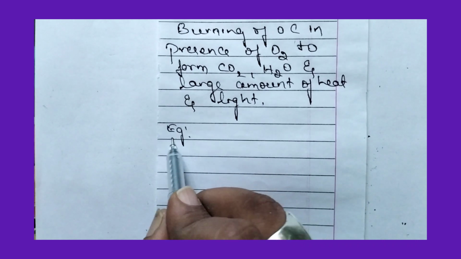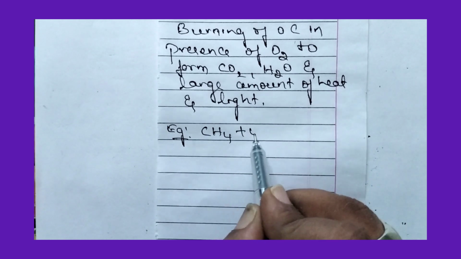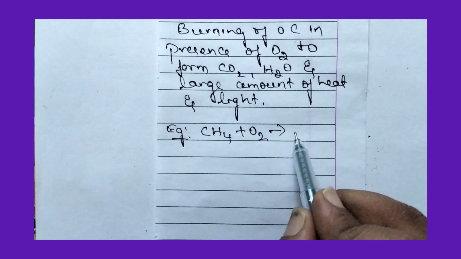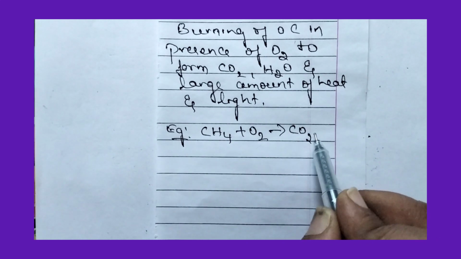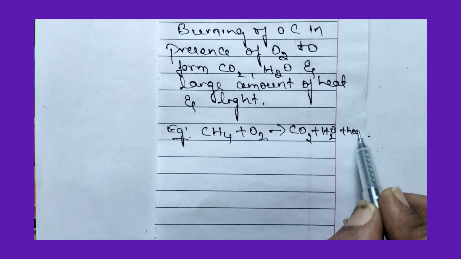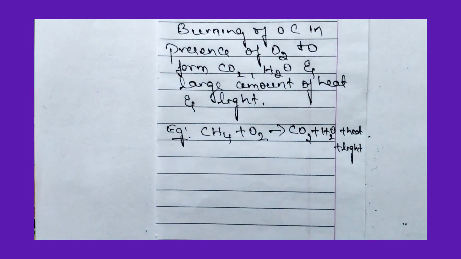Example for combustion reaction. When methane is burnt in presence of oxygen, methane is an organic compound. When it is burnt in presence of oxygen, it forms carbon dioxide, water, and releases heat. Along with the heat, it emits light also.